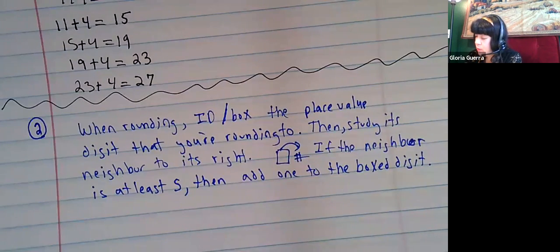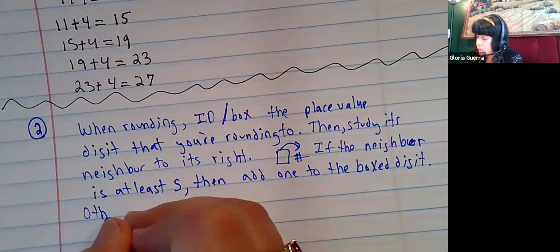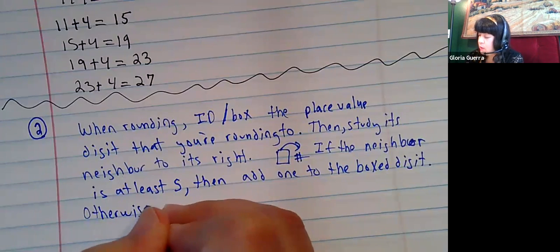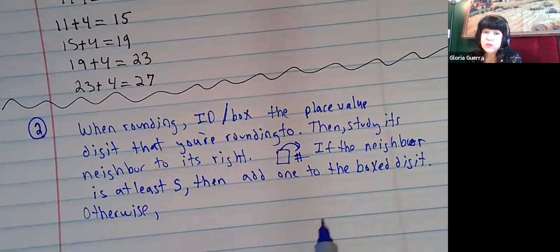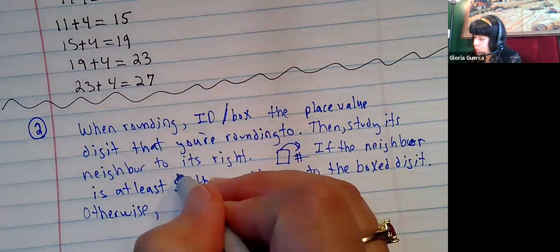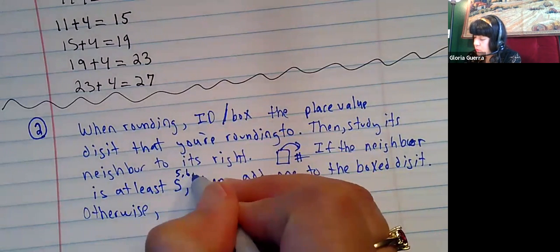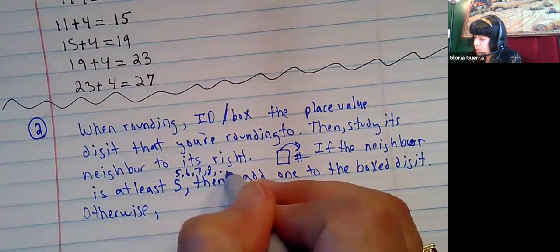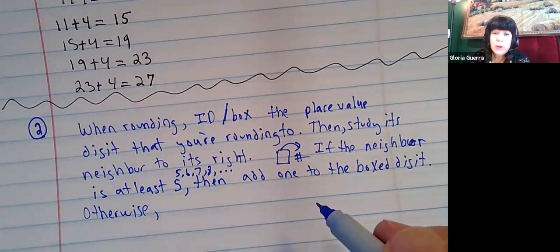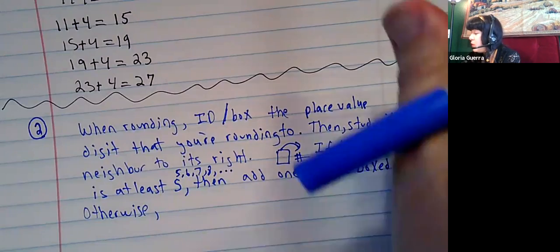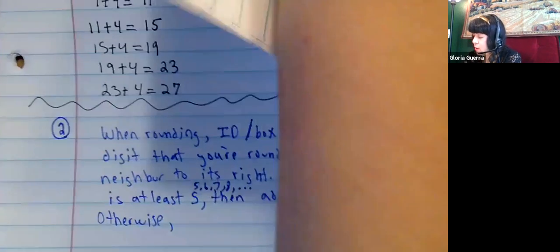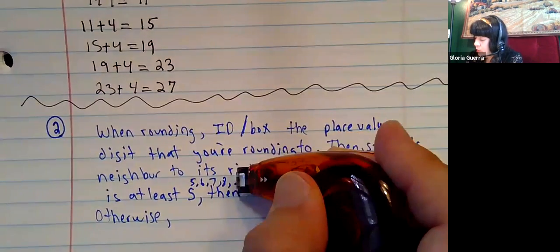But otherwise, meaning if the neighbor is not at least 5. At least 5 means, is it 5, 6, 7, 8, dot, dot, dot, and actually it wouldn't get any bigger than 9. So is the neighbor 5 or more?